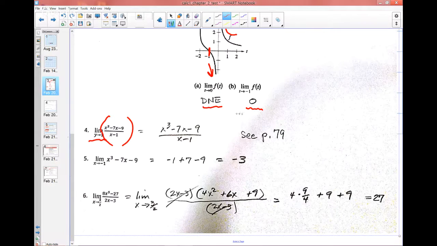You can't substitute because it would create a 0 in the denominator, but the numerator is factorable. That's the sum and difference of 2 cubes that some of you never quite caught on to all the way. But the 2x minus 3's do cancel, and then you can substitute, and the limit is 27.